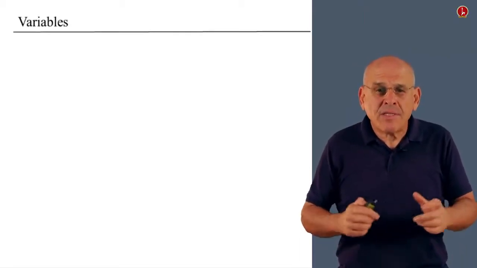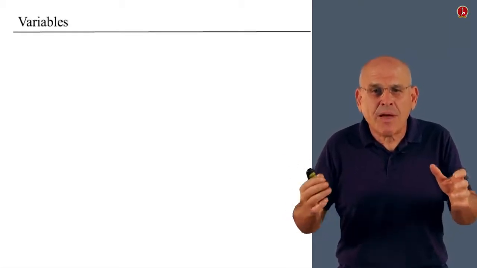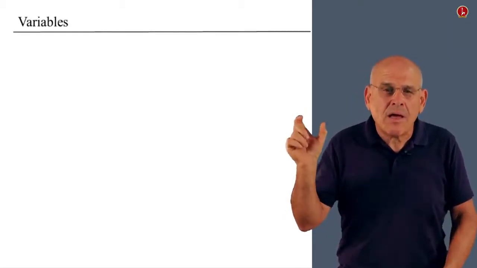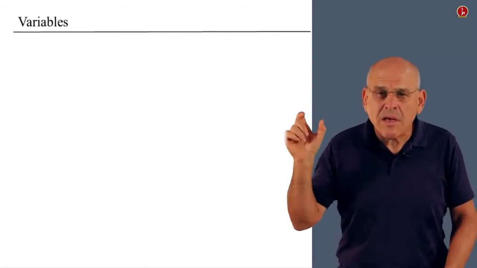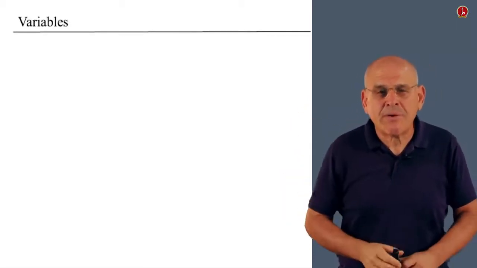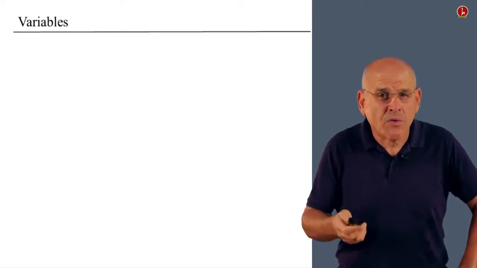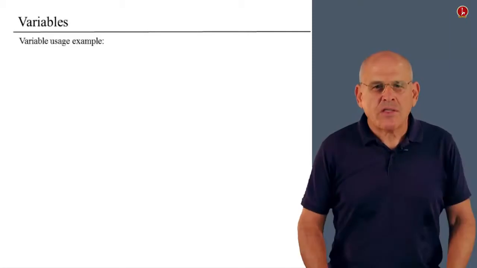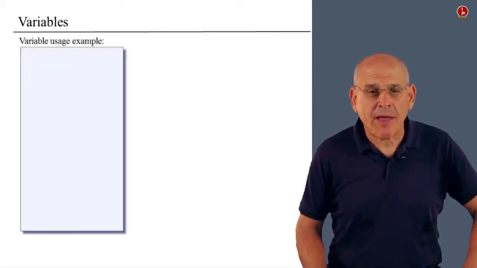And this abstraction can be implemented by using a single register in our data memory. So we use single registers to represent every one of our variables if we want to create variables in our program. So here's an example in which variables come into play.